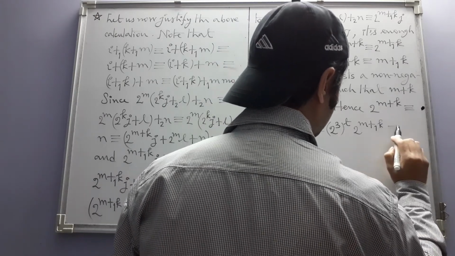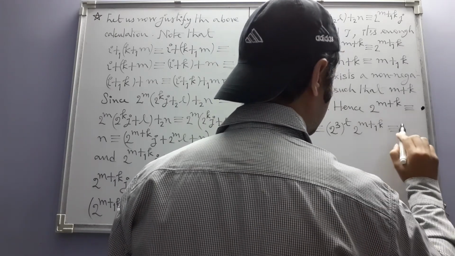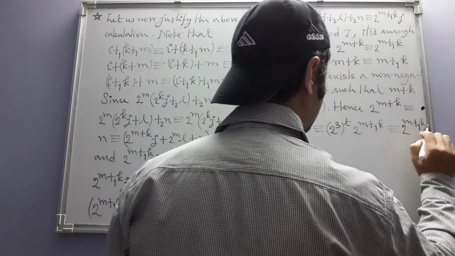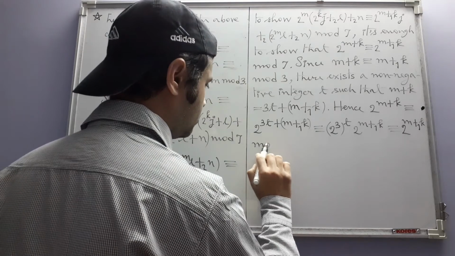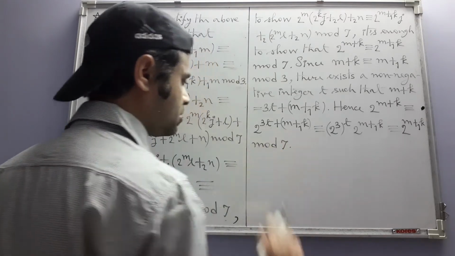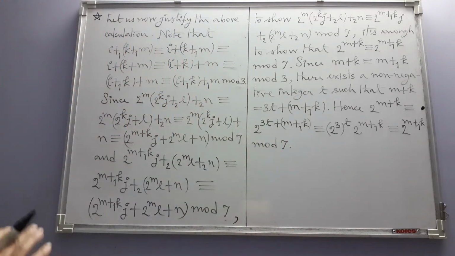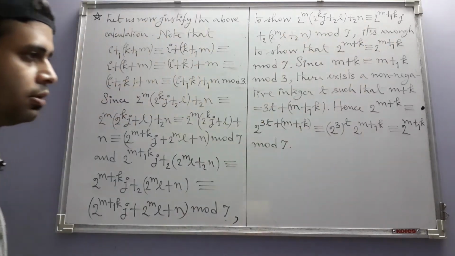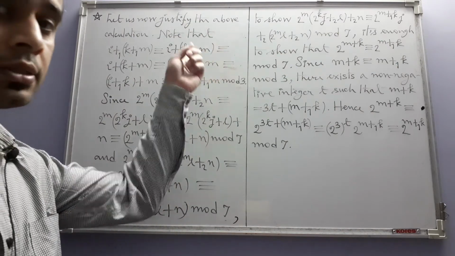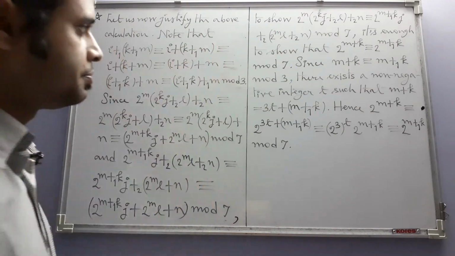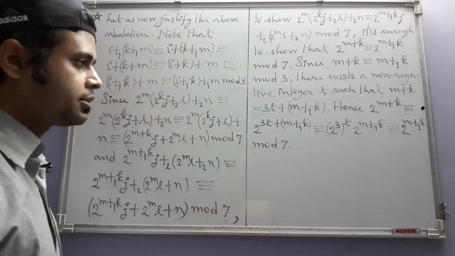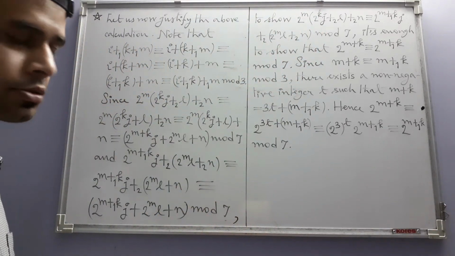Now 2 cube is congruent to 1 mod 7, so this is equal to 2 to the power m plus 1k mod 7. So because of these things, we have what we wanted to show, and that's why that step is justified. That step is justified means that was the only step which we needed to see is true.